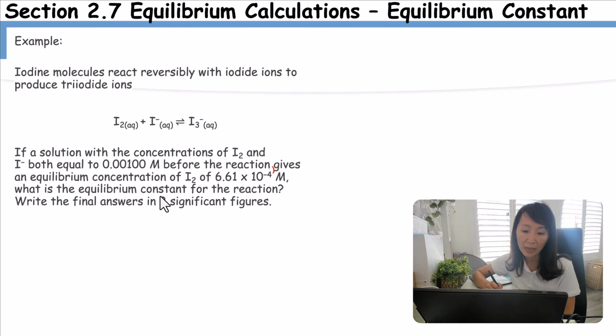So it's looking for Kc for the reaction. Write the final answer in 3 sig figs.